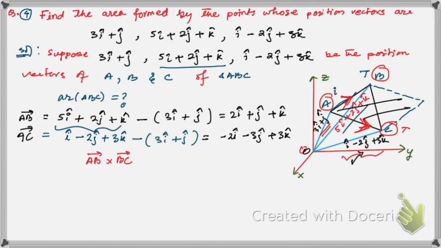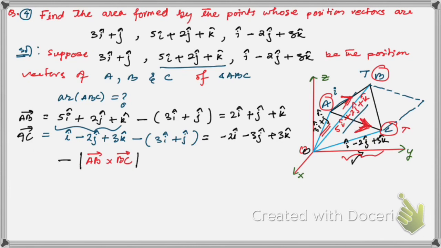The magnitude of the cross product of these two vectors gives you the area of this parallelogram. To get the area of the triangle only, you have to take half, because a diagonal of a parallelogram divides it into two triangles of equal areas.